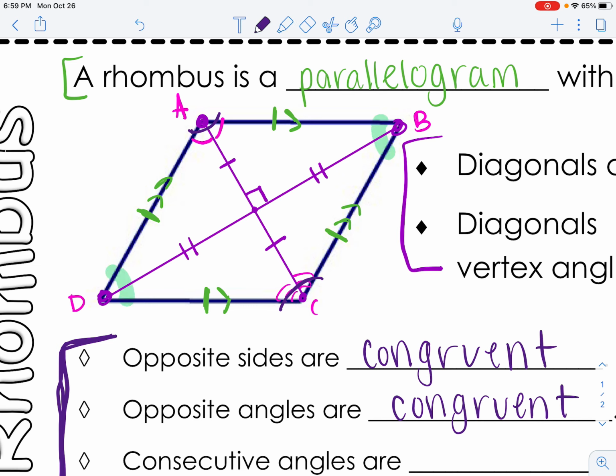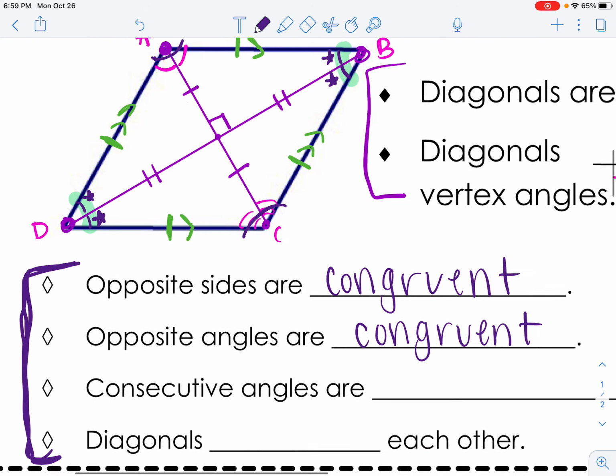We also know that diagonal is an angle bisector. So if the angles are congruent and I cut them both into two congruent pieces, then what's true is that all four of these pieces are congruent to each other.